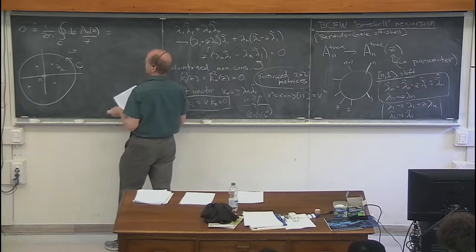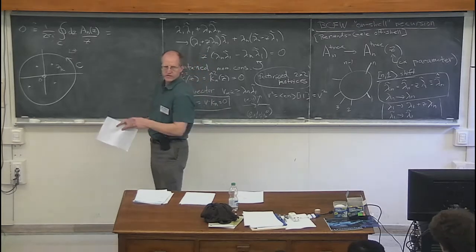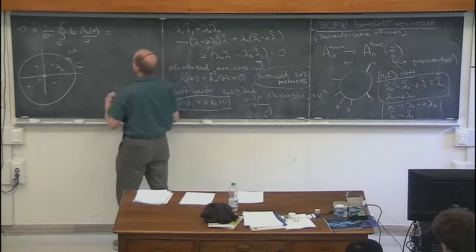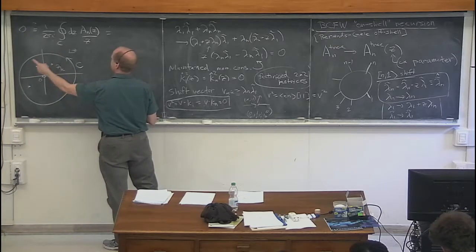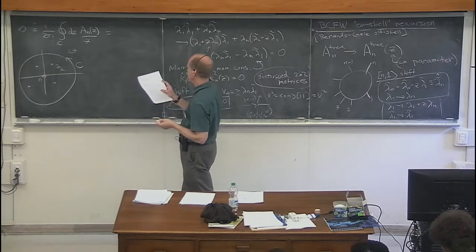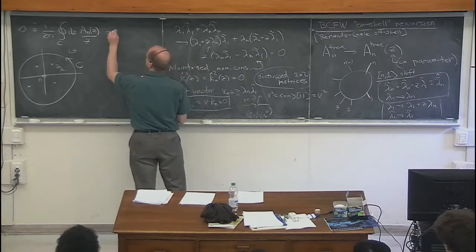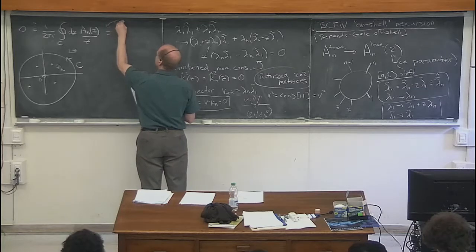We want to consider the amplitude as a function of z and take a contour integral around a very large circle. If A falls off fast enough at infinity, then the contribution from the large circle at infinity will be 0. But on the other hand, it'll be equal to the sum of the residues by Cauchy's theorem.